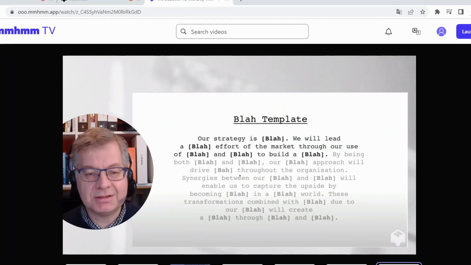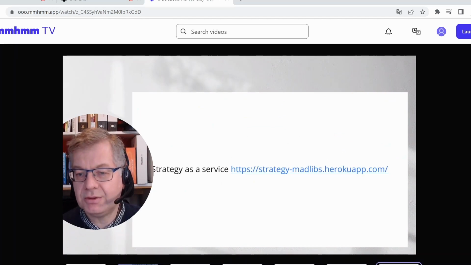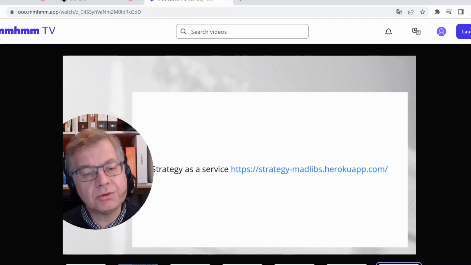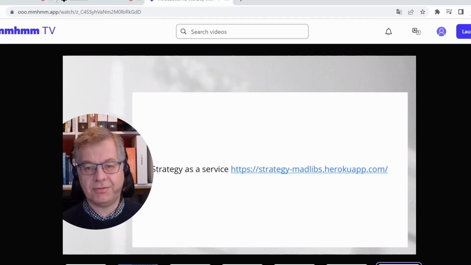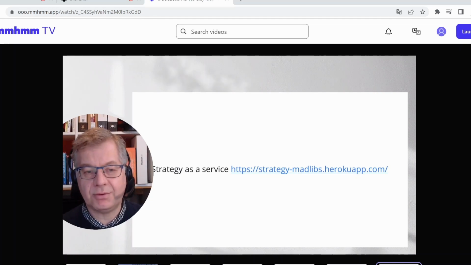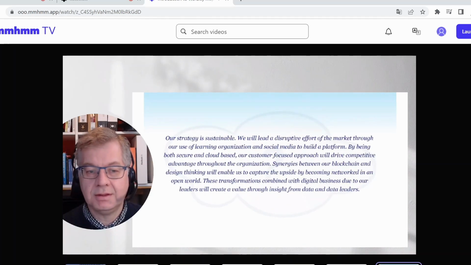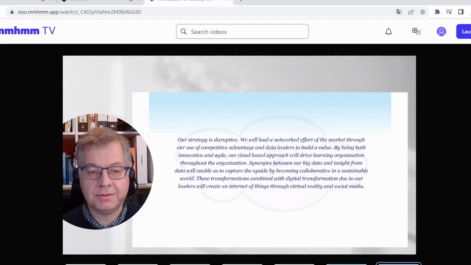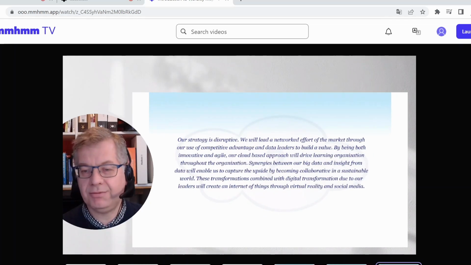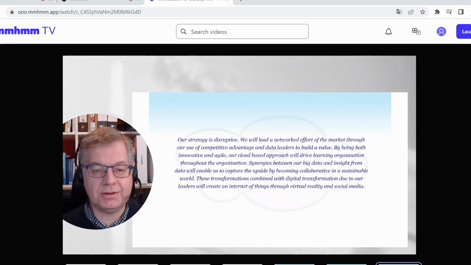And just to demonstrate this, he even created a strategy as a service generator. You go to this web page and it will auto-generate a strategy for you from a set of different popular buzzwords in a random configuration. So, for example, here's another one, and a third one, and you just hit refresh if you're not satisfied with the one you get.